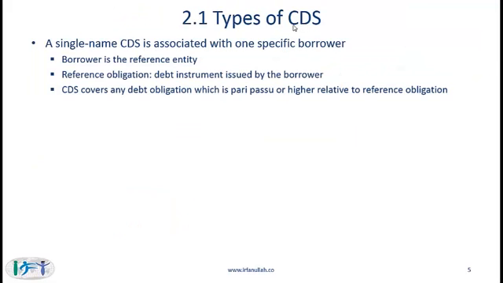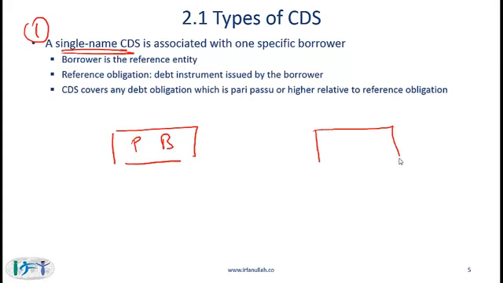There are three types. The first one is a single name CDS. And a single name CDS is associated with one specific borrower. If we go back to the picture from the previous slide, we have a protection buyer and a protection seller.